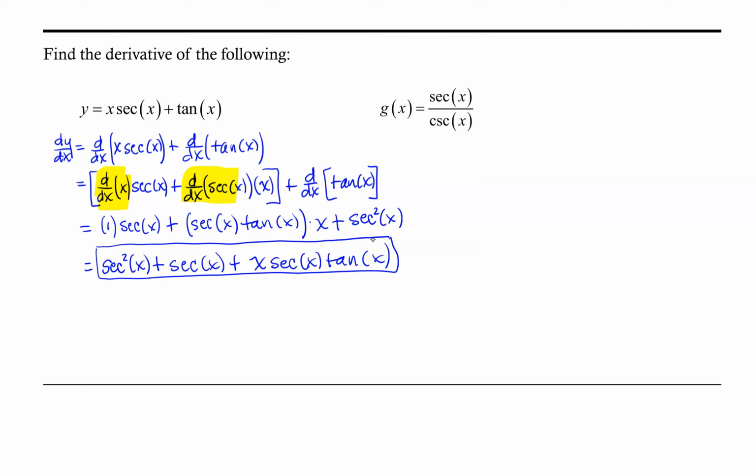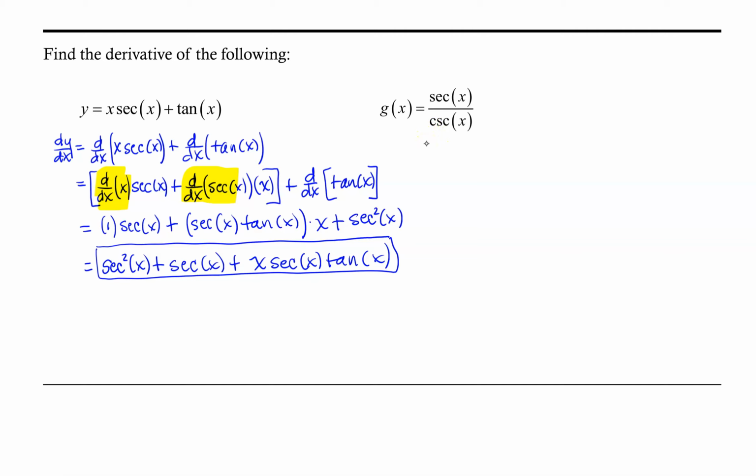Our next example, g of x is equal to secant x over cosecant x. Now this is presented as a ratio or a fraction, and so we will be using the quotient rule. So let's go ahead and get started.